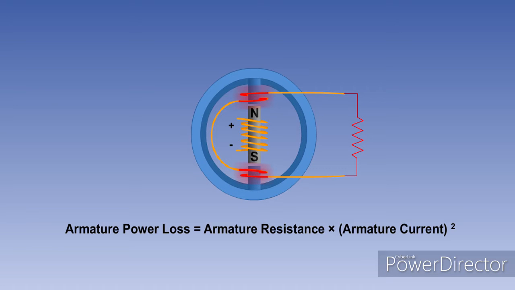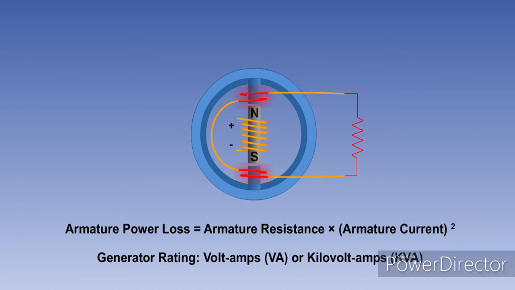This power loss heats up the conductors and can, in extreme cases, destroy the insulation of the windings. For this reason, AC generators are rated in terms of this armature current as well as by their voltage output. Thus, every AC generator is rated in voltamps or kilovoltamps. You will recall that this is the apparent power being felt by the armature.